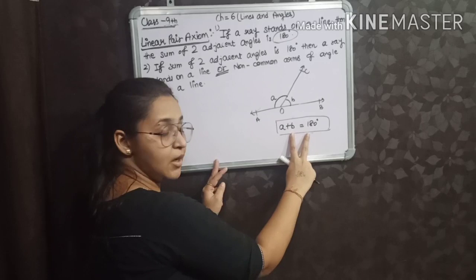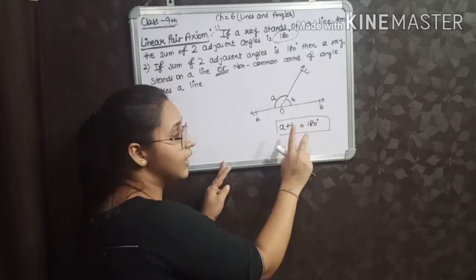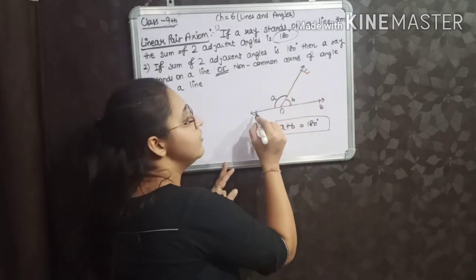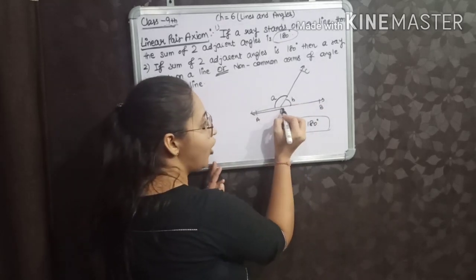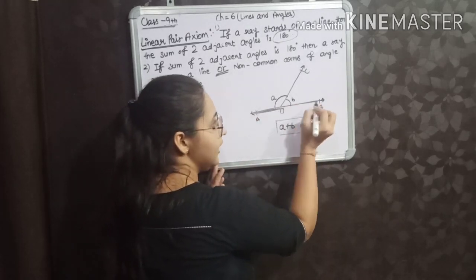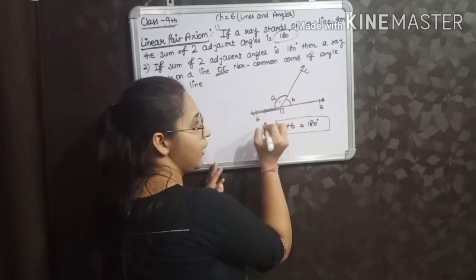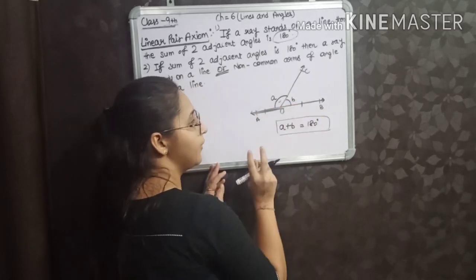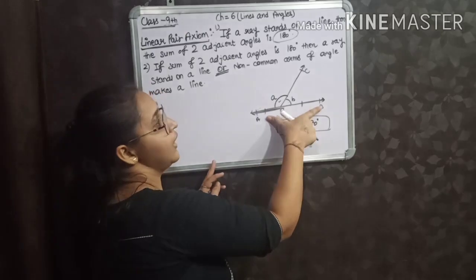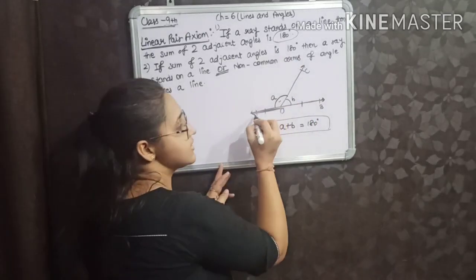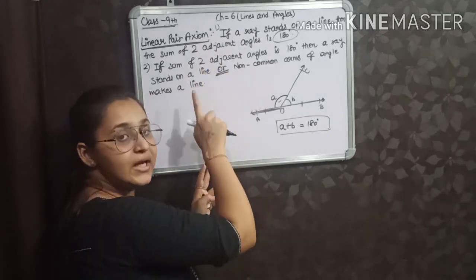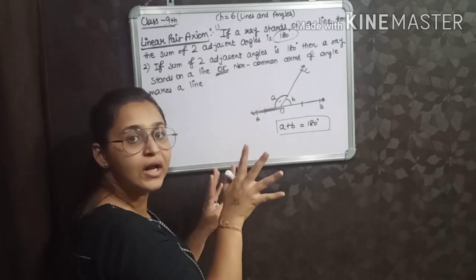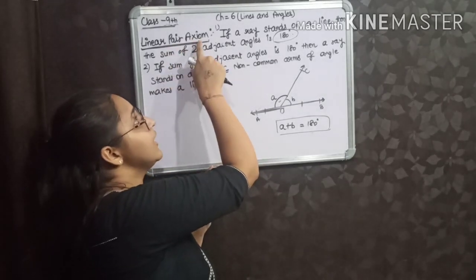Now we have the sum of angles as 180 degrees, so the non-common arms of the angles make a line. It means AB is a line. These two axioms together are known as the linear pair axiom.